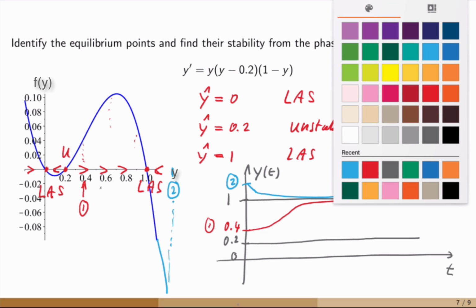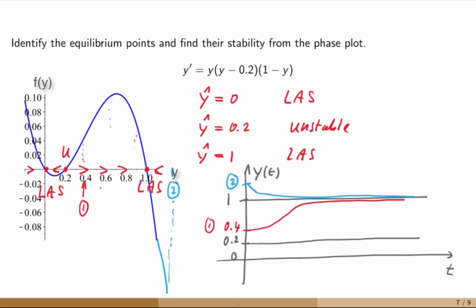We haven't done this case yet, so let's look at that case. If we are somewhere here, let's call this case number 3. So then maybe somewhere here is case number 3. Then what? So at this location f is negative, but only slightly so. So we are decreasing until we go to 0. So this goes down to 0.